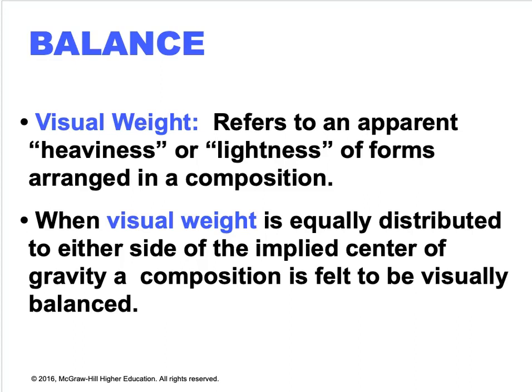And the second bullet: when visual weight is equally distributed on either side of the implied, or kind of imagined, center of gravity, a composition is felt to be very visually balanced. So one of those bullets is your definition of visual weight, and the other is how you can see it happening in a work of art.